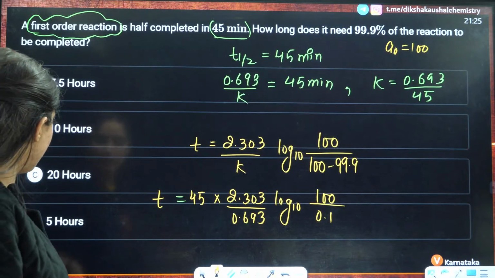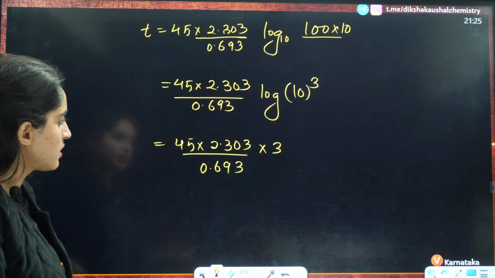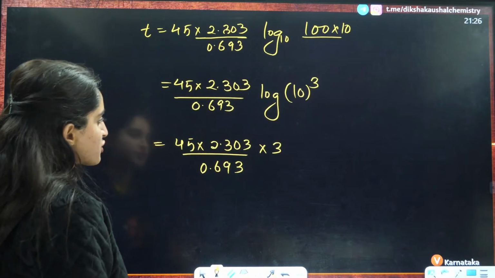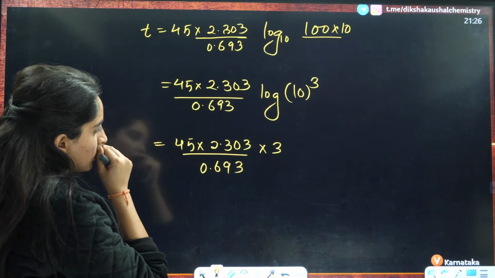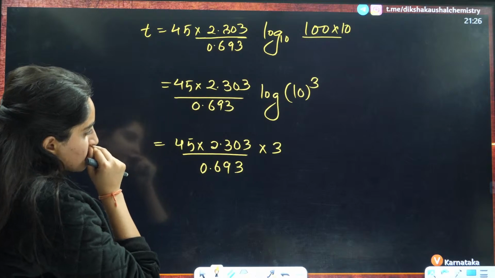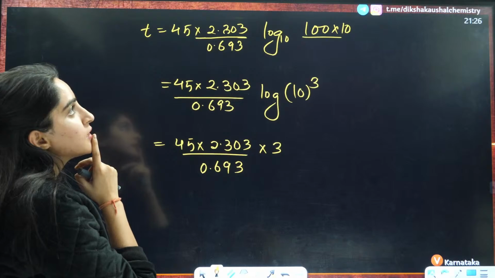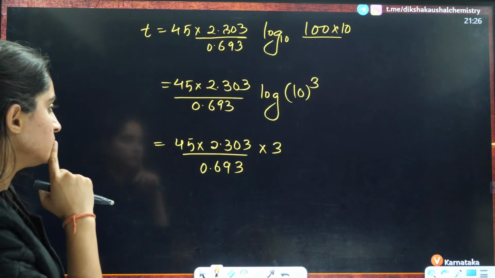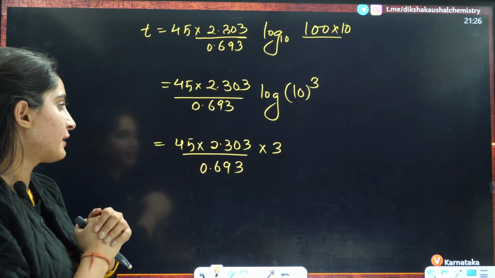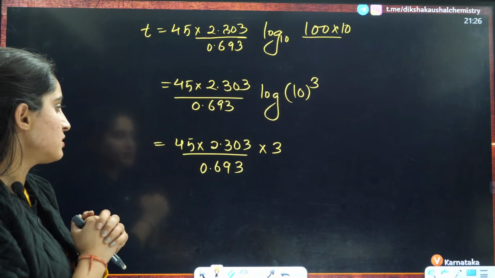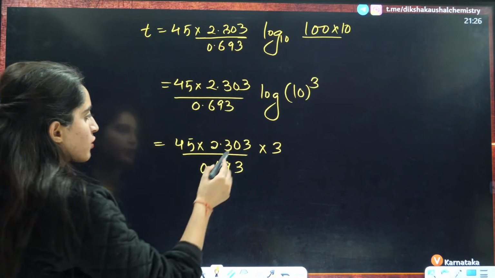In hours they're asking us, how to make this calculation easy. 2.3, this is 6.969. This will be approximately 3 times. It will be cancelled, right? So it will be approximately 3 times.